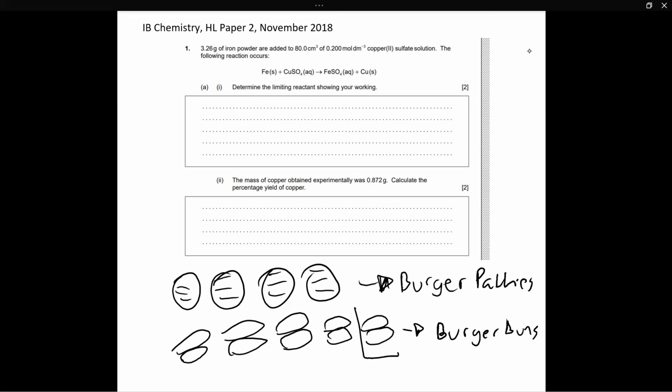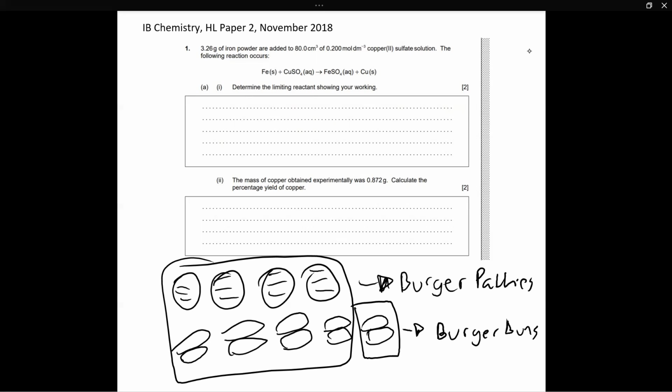Despite you having this one extra bun, you can't make a burger out of it, because you need a patty and you need a burger bun. You have four patties, but five burger buns. So you can only use four of those burger buns to create your final product, which is your burger.